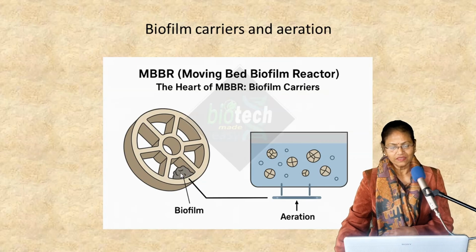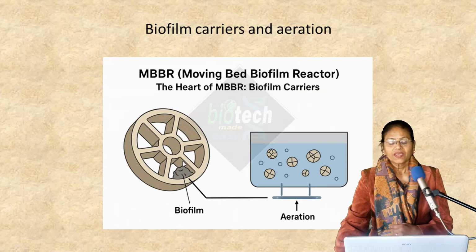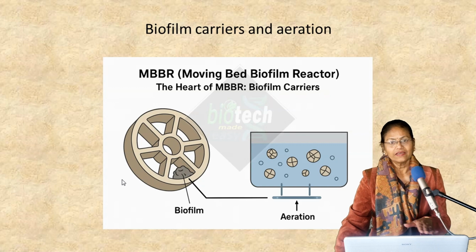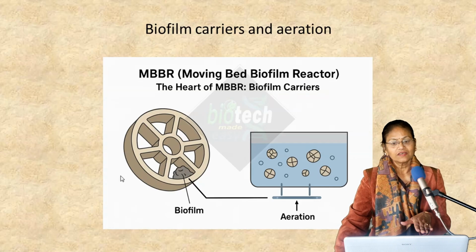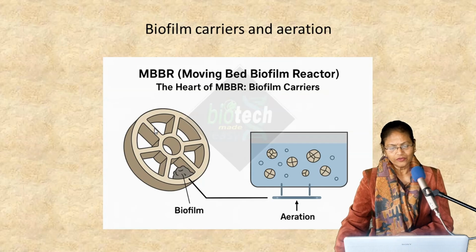And here you can see the biofilm is formed. Similar biofilm can be formed everywhere. Biofilm is a layer or film of microorganisms. It is formed because the microorganisms stick to each other and also stick to the surface. So that kind of biofilm is formed on the carriers.